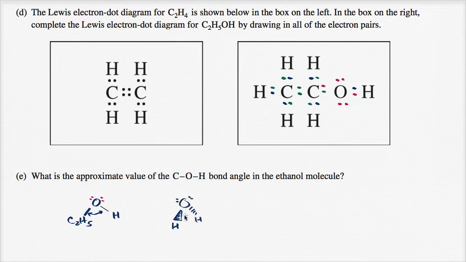This bond angle over here in water, and this is a semi-useful thing to know in general, you could try to eyeball and say, oh, that looks a little bit more than 100 degrees, and you'd be right. This is approximately 104.5 degrees. And this is actually not a perfect tetrahedral shape. It gets distorted because these lone pairs of electrons are repelling each other and making these 2 get a little bit closer together.